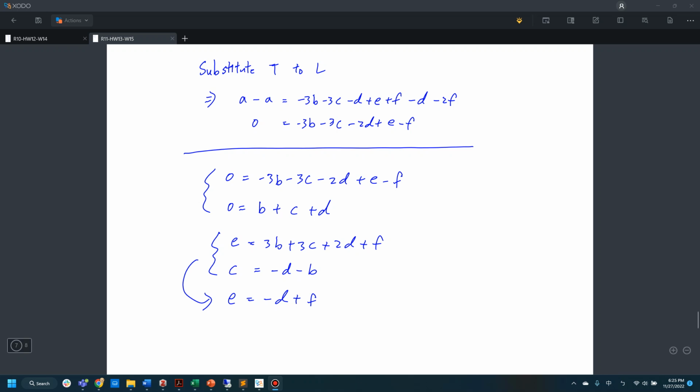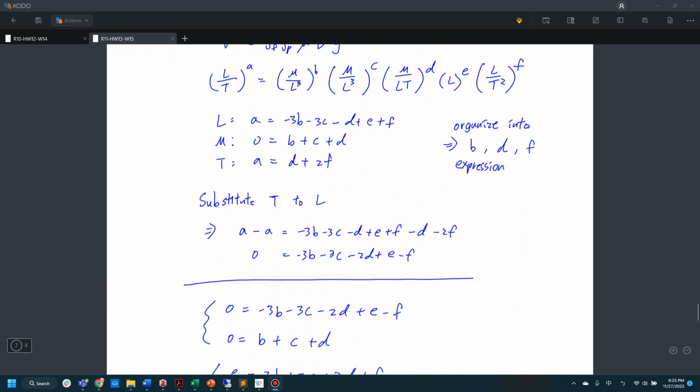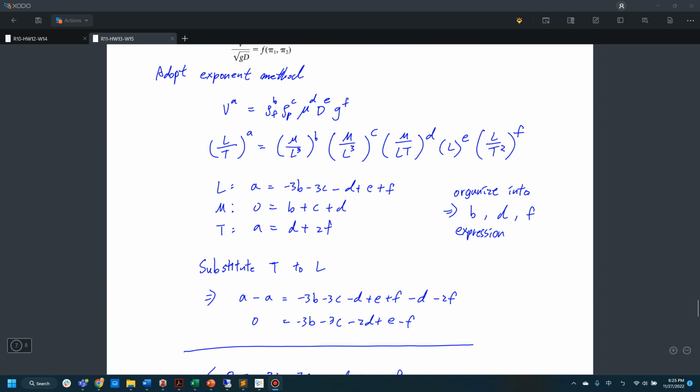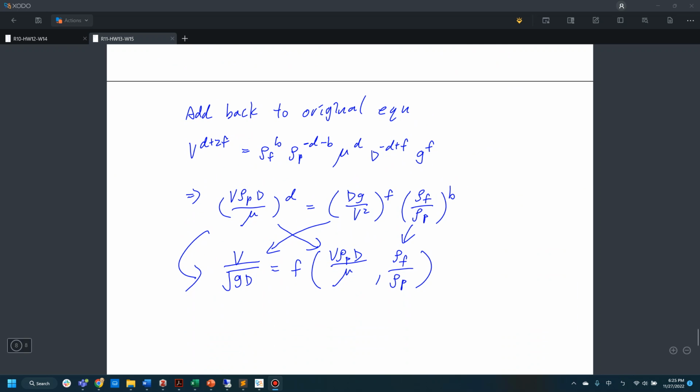Everything can be expressed in b, d, f now. Then we can plug them back into the original equation, which gives us these terms. Then you can reorganize it into this form, where all the terms have a unique power parameter b, d, and f.